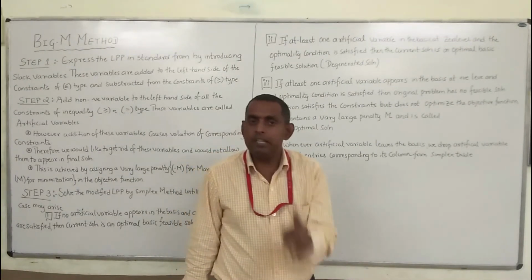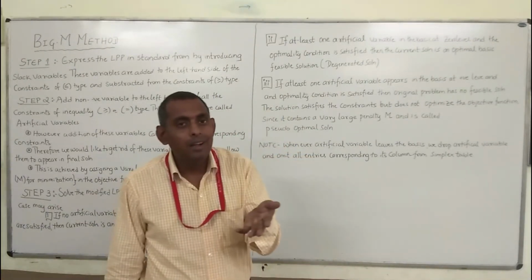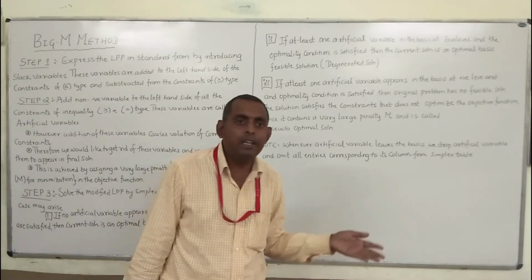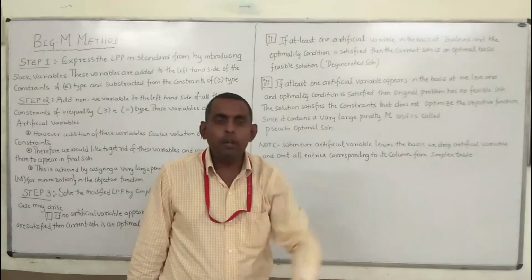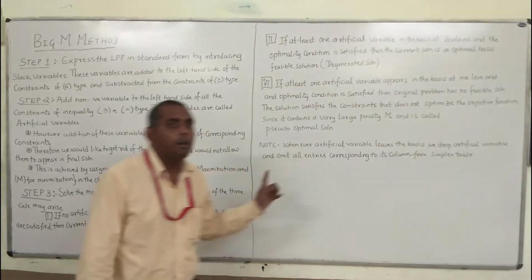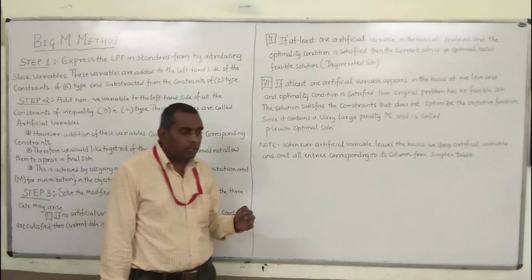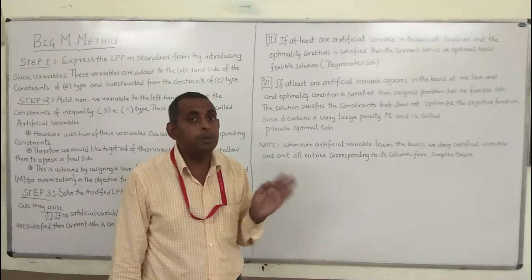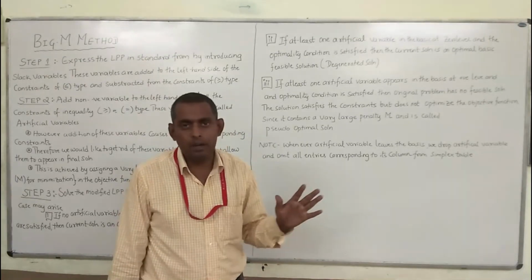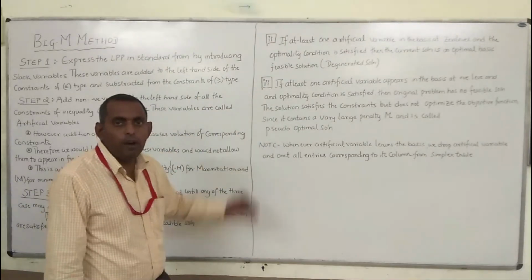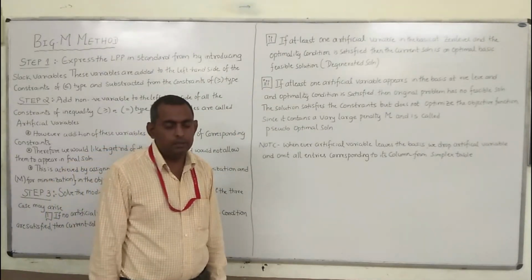This is the Big M method, and when we solve more problems on it, we are going to understand it more clearly. These are the steps of the algorithm for the Big M method. Thank you.